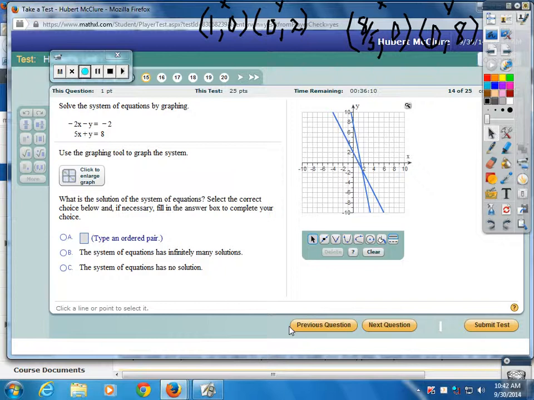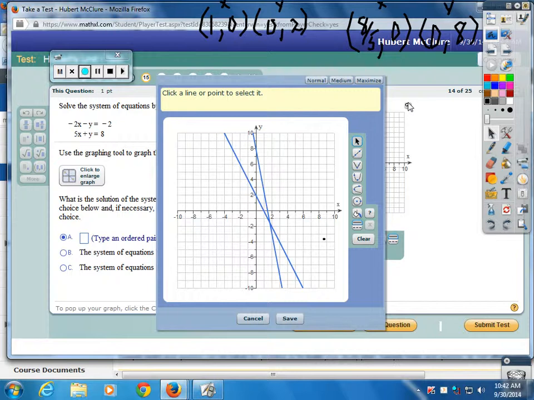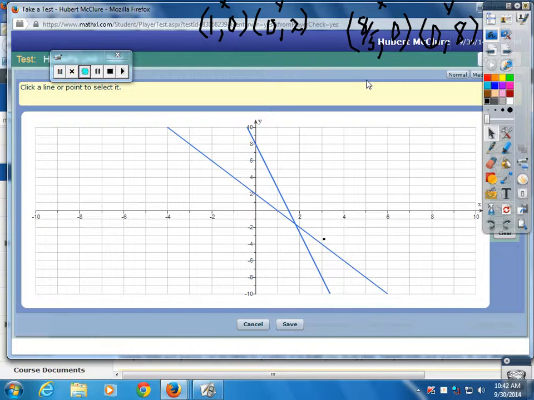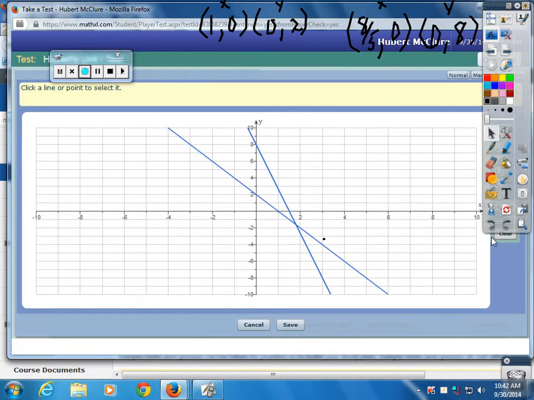I don't know where it came out of. Let's see, system. I have no idea what that point is, unless it gives it to you.